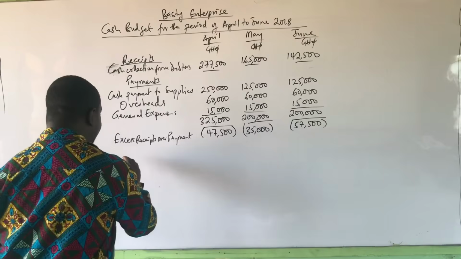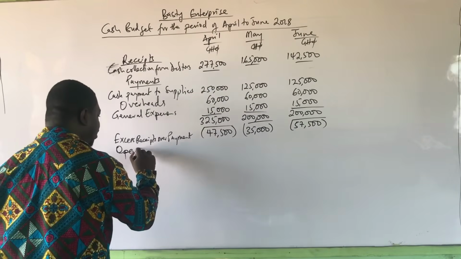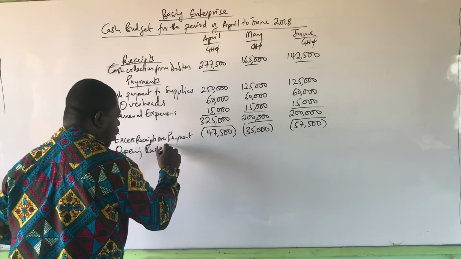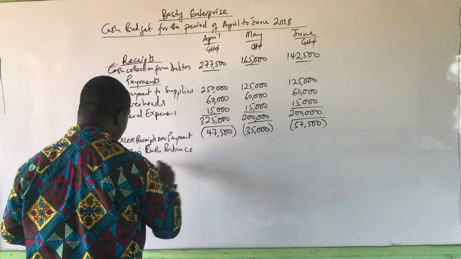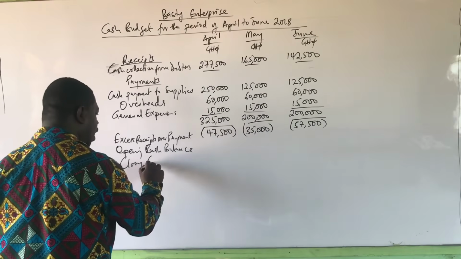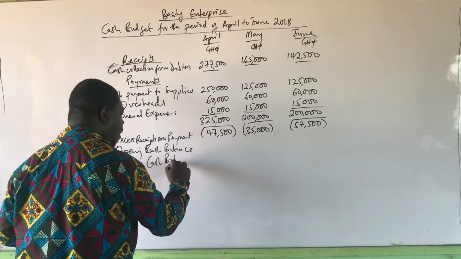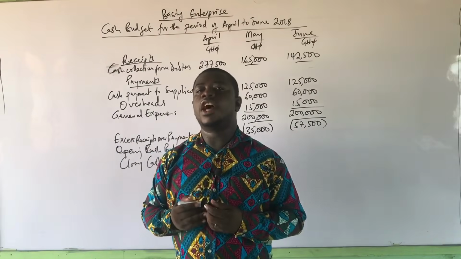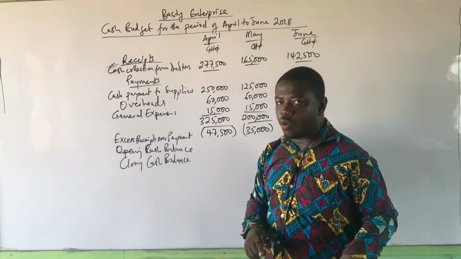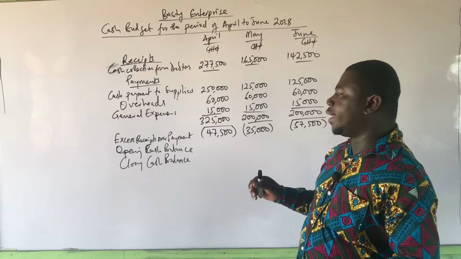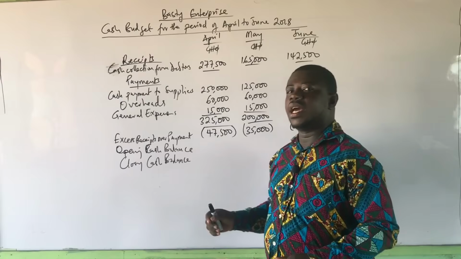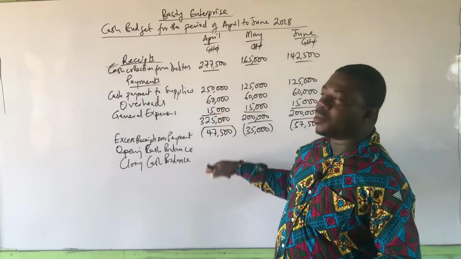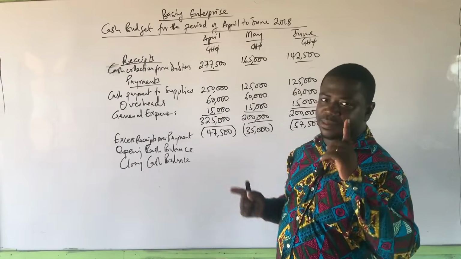So we are going to add opening cash balance, and then we end with a closing cash balance. The opening cash balance will always be given in the question. And it's mostly given either at the beginning of April's balance or at the end of March balance.